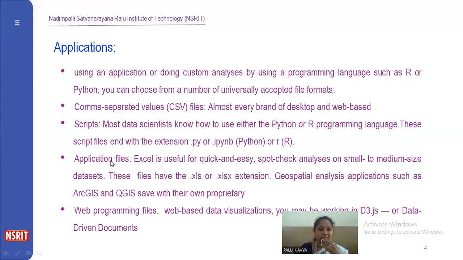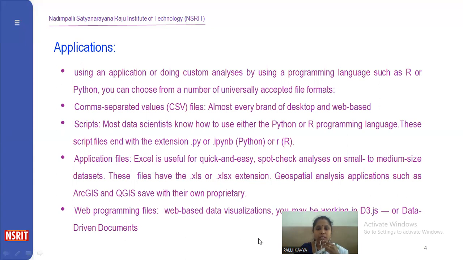Some other application files are Excel files, with the file extension .xls or .xlsx. So remember that application files are mainly what we use to analyze the data with Excel, and these Excel files have the .xls or .xlsx extension.